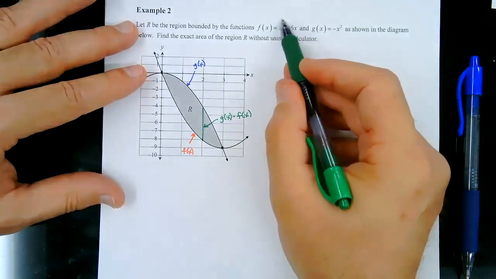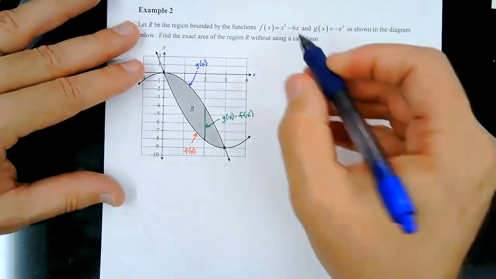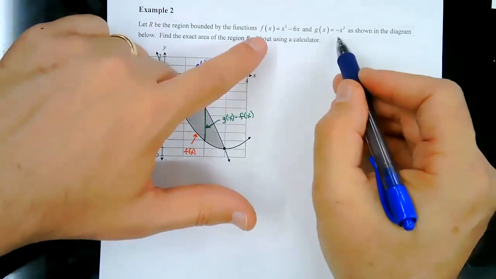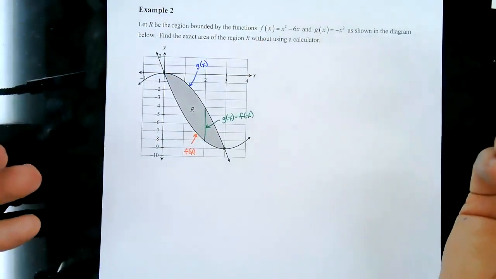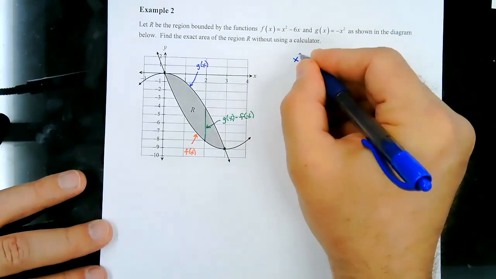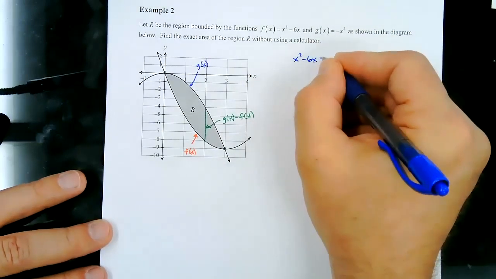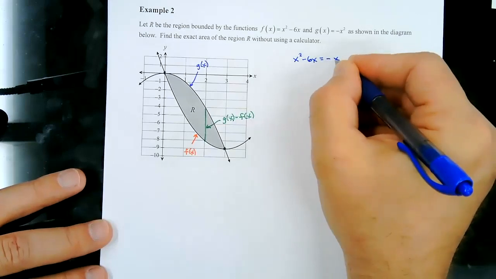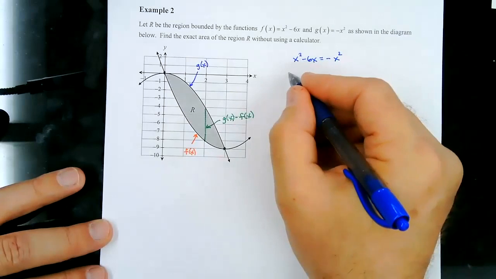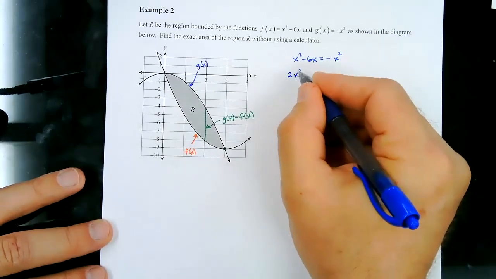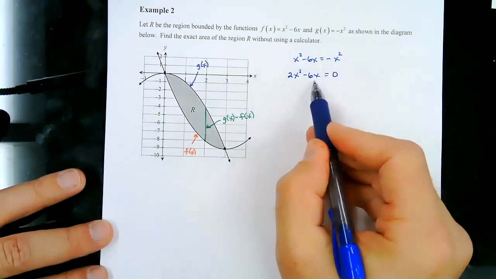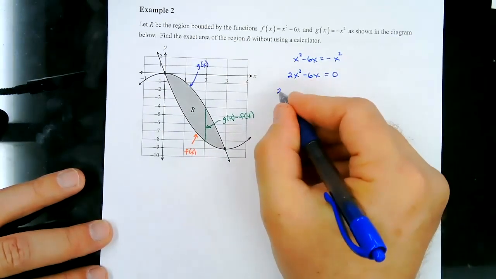So we're going to set up a system of equations. Where these two functions intersect, they are equal to each other. Equal values method, if you remember from Math 1. So x squared minus 6x has to equal negative x squared. I'm going to add x squared to both sides, and that gives me 2x squared minus 6x equals 0. There's a GCF here of 2x, so I'm going to factor that out.